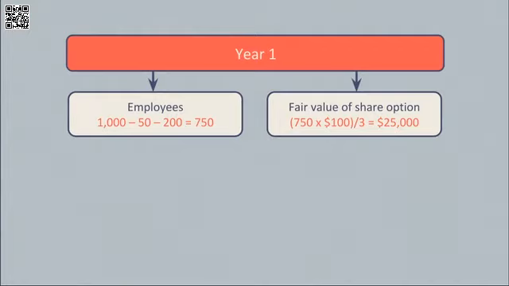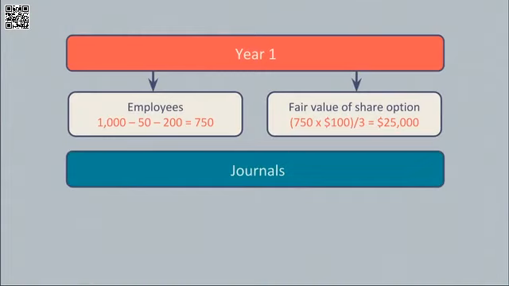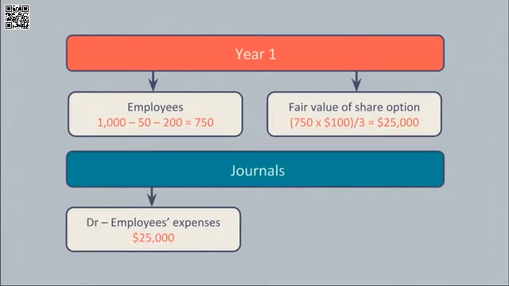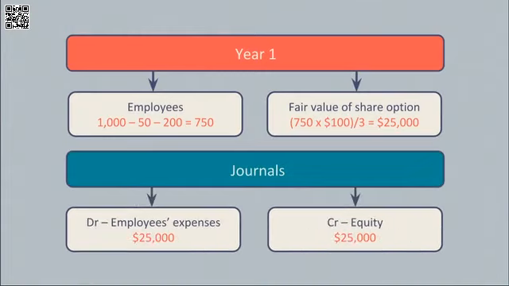This $75,000 is for 3 years, so it is divided by 3 to get the year 1 cost. $75,000 divided by 3 equals $25,000. The journals are debit employee expenses $25,000, credit equity $25,000.